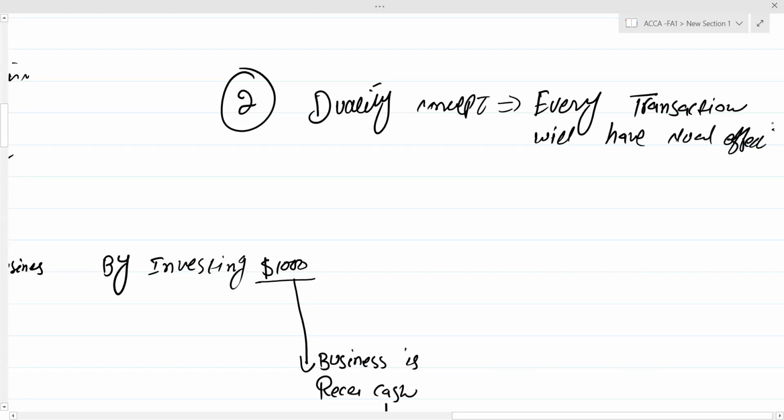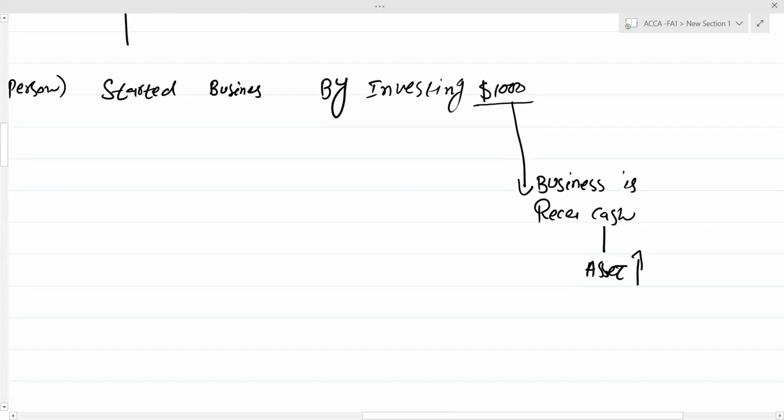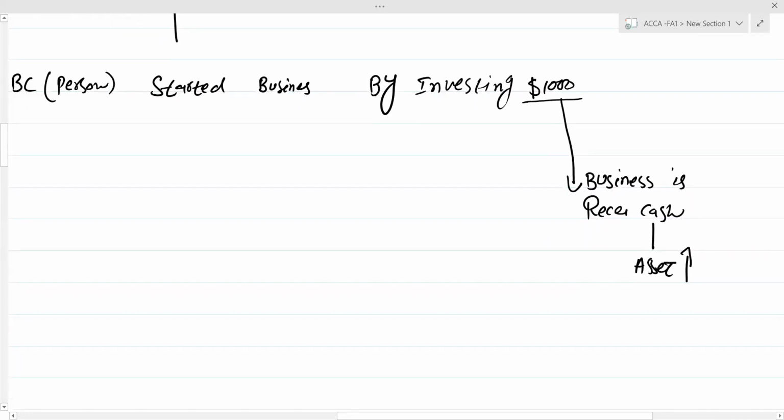So whenever you see a transaction, one thing must come into your mind: it's a transaction and it will have a dual effect. One effect identified is that business is receiving cash, cash is an asset of business, so assets are increasing.